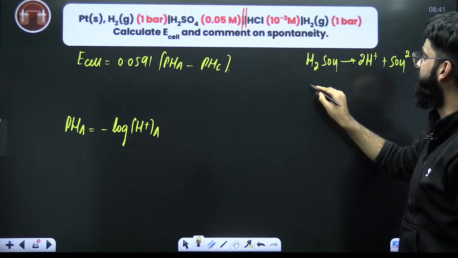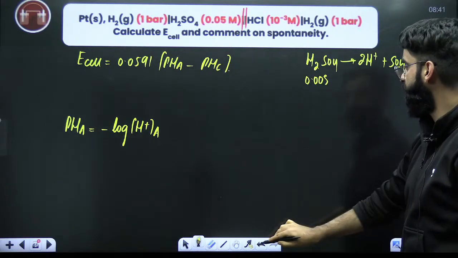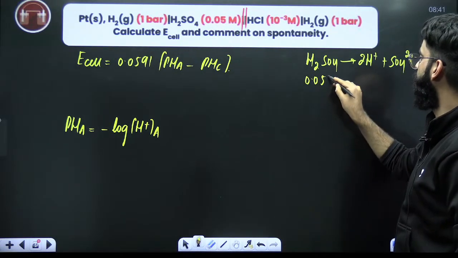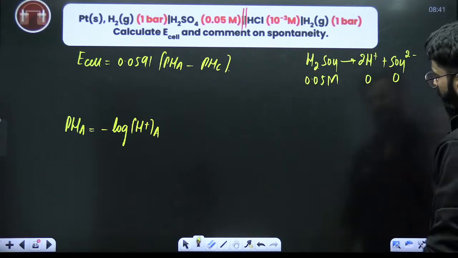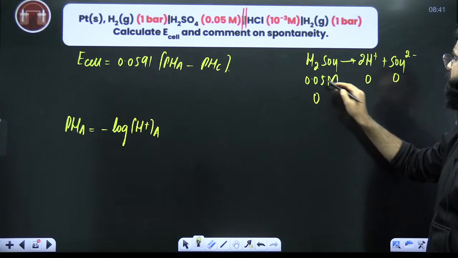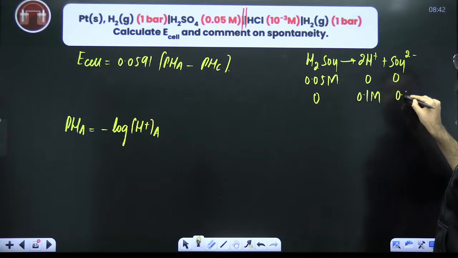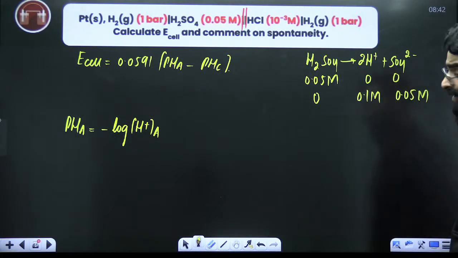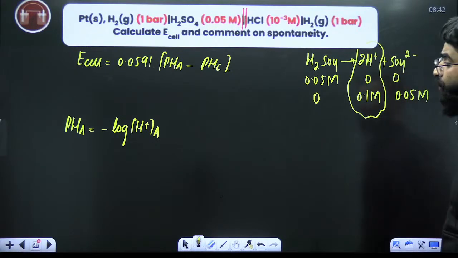The concentration of H2SO4 you have kept is 0.05 molar initially. This H2SO4 would have been completely dissociated. Now 1 mole gives 2 moles, so 0.05 will give 0.1 molar. So the concentration of H positive in the anodic container is 0.1 molar.